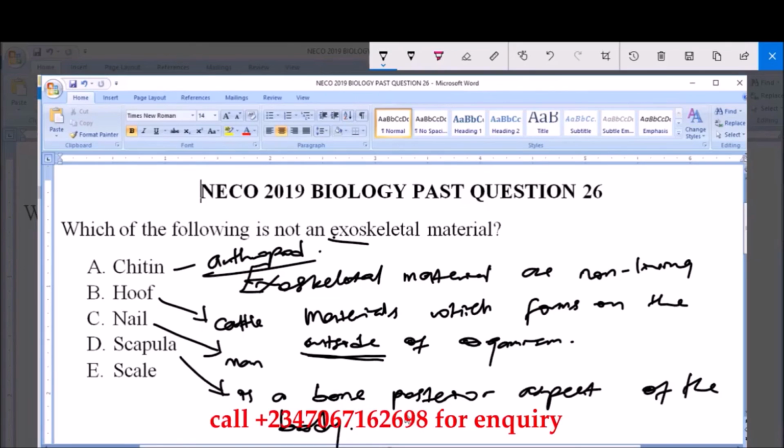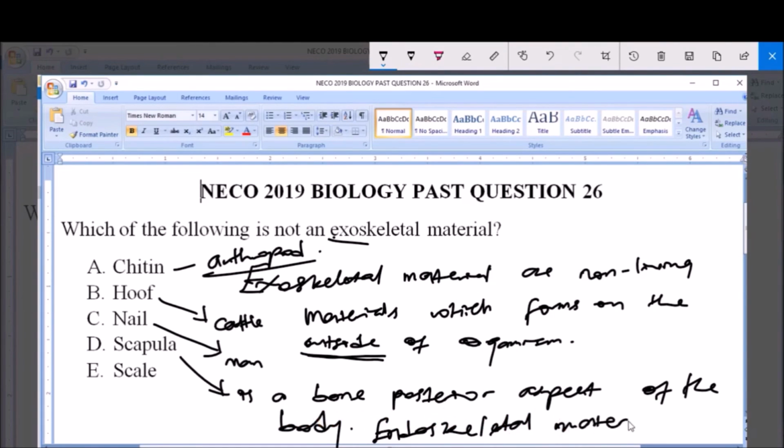So it's a bone, and this scapula is an endoskeletal material, because bones are endoskeletons. You find scapula inside the body, not outside the body. Scapula is located inside the body, where it provides attachment for muscles, and also for movement. So it's an endoskeletal material, not an exoskeletal material.